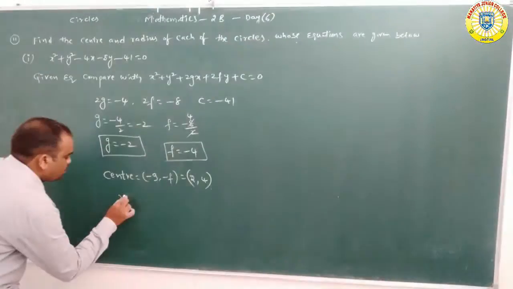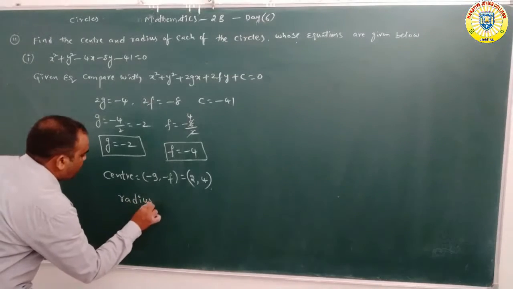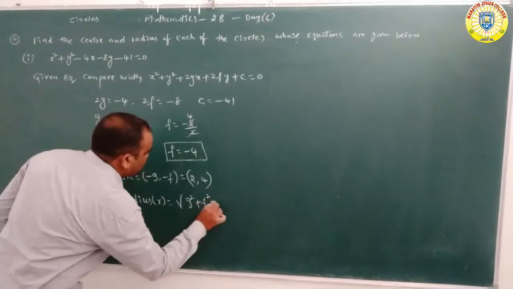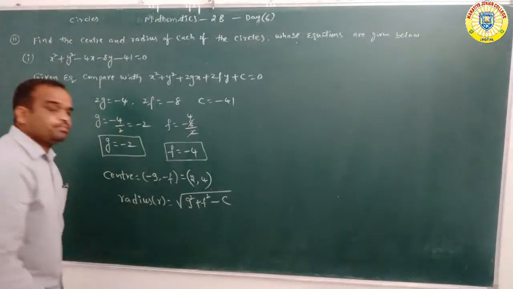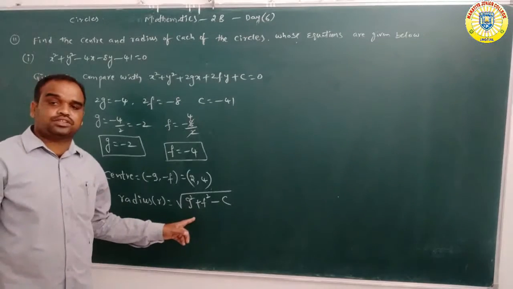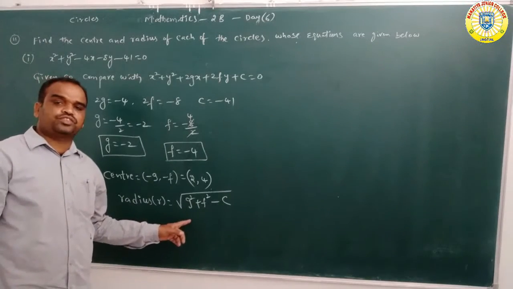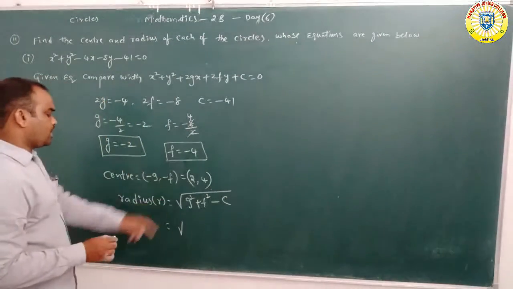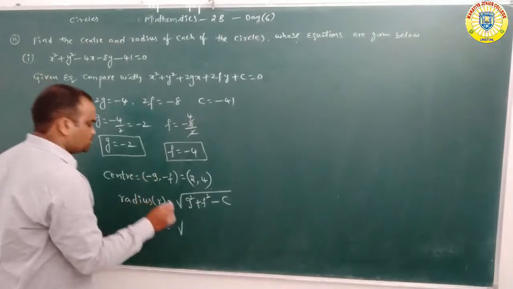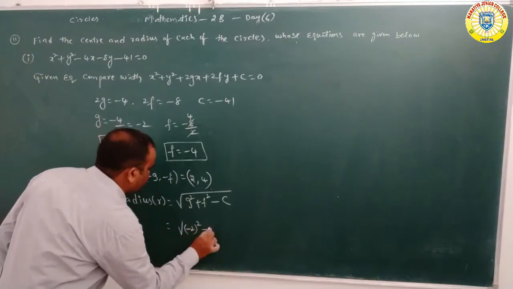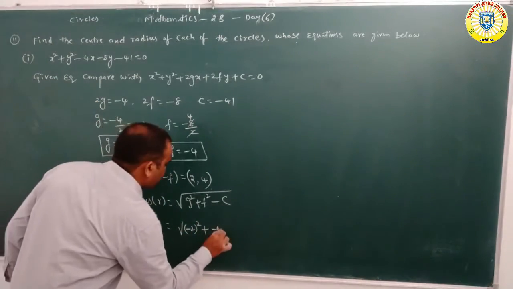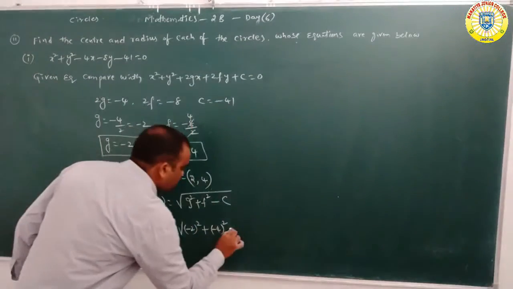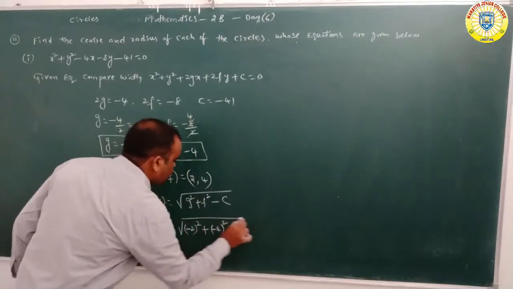Here the radius formula is r is equal to the square root of g square plus f square minus c. So under root of g square, g is minus 2, minus 2 whole square, f square, minus 4 whole square, minus c, c is minus 41, so minus of minus 41 is plus 41.